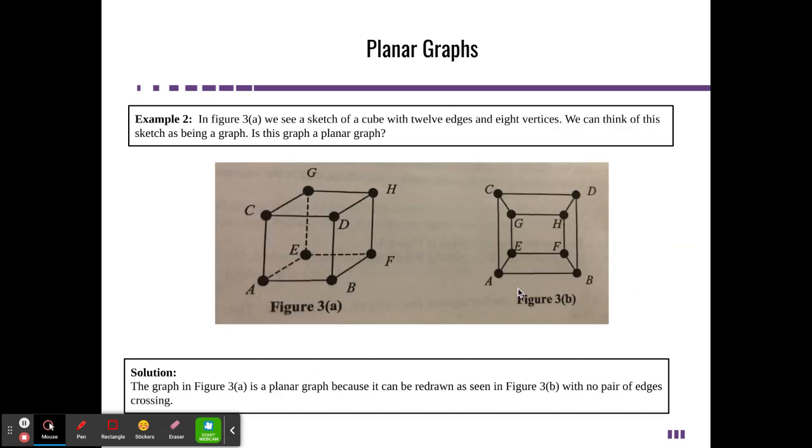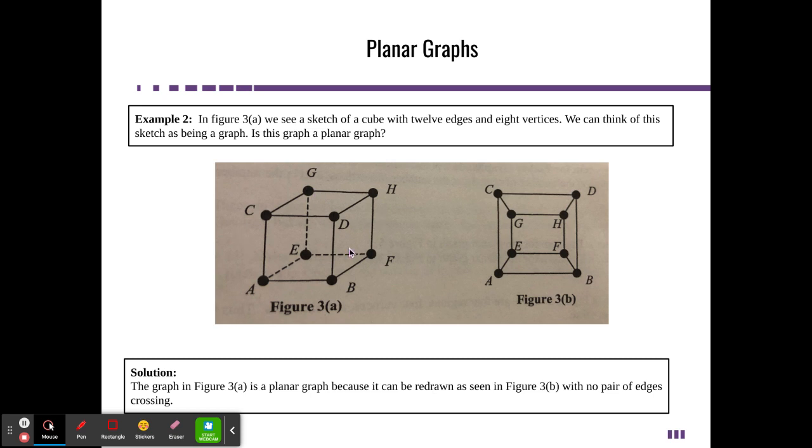Our example 2, kind of the same idea. So figure 3a, we sketch a cube with 12 edges, 8 vertices. We think of this as a graph, and is this graph planar? Well, we have intersections, and even though this is three-dimensional, when we think about planar, we're thinking about being on one plane. So in this case, the way this cube is drawn, the face A, B, D, C would be one plane, and then E, F, G, H would be in another plane.